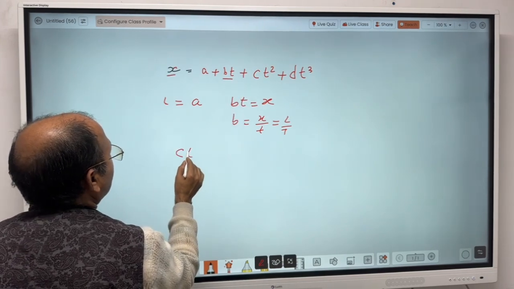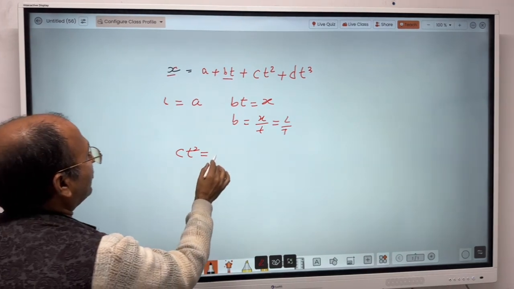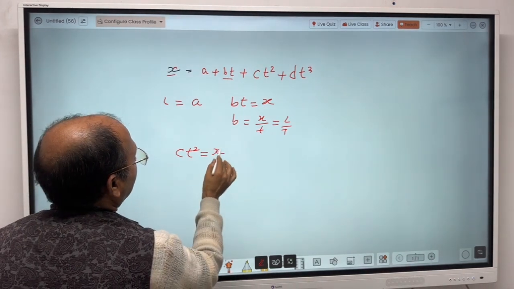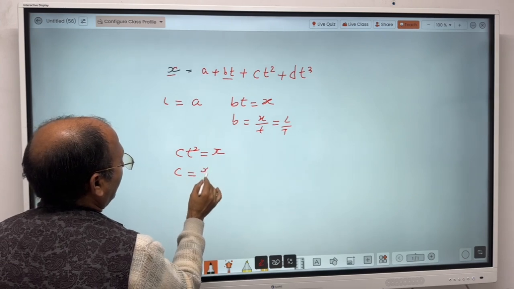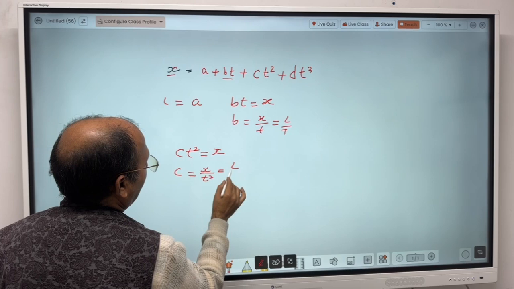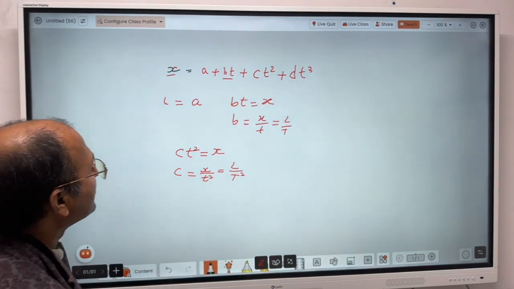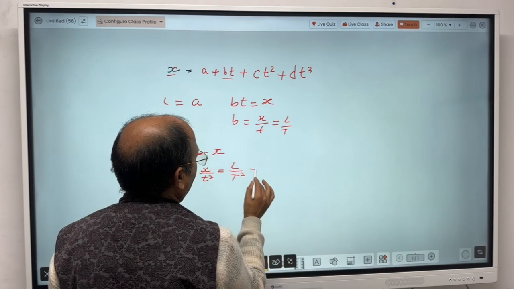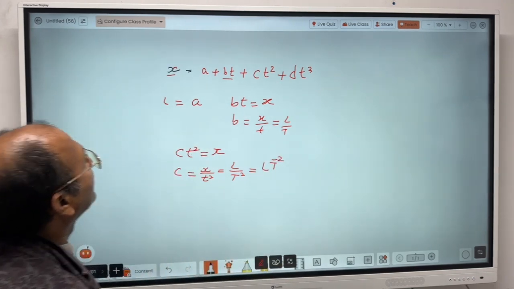If we take the third term, it is CT square. It should also be equal to x, so we can put the dimensions here. The dimension of C must be equal to x upon t square, so this gives L upon t square, or you can say it is L t power minus 2.